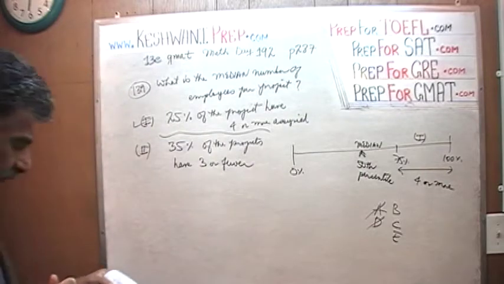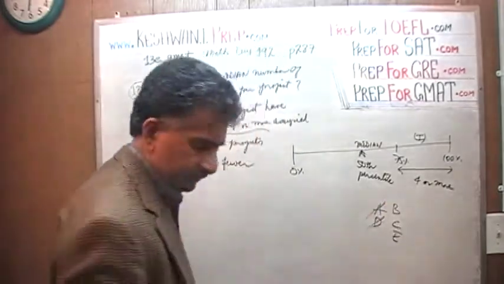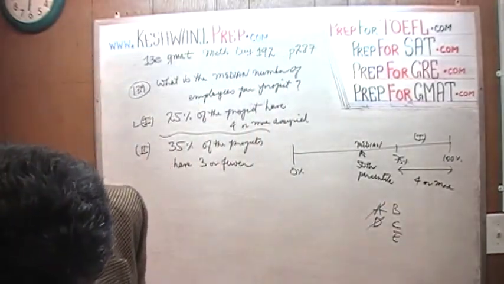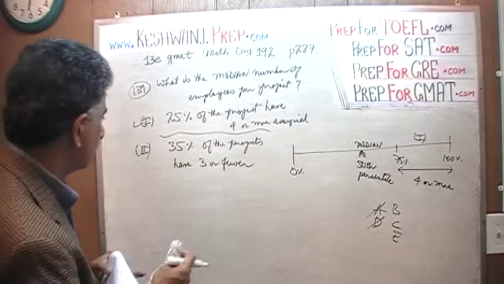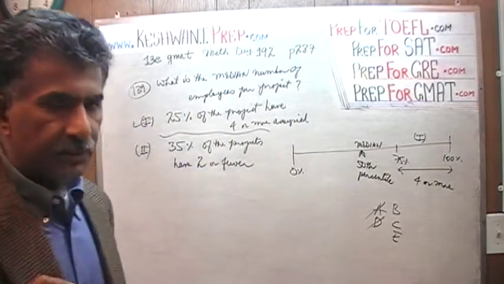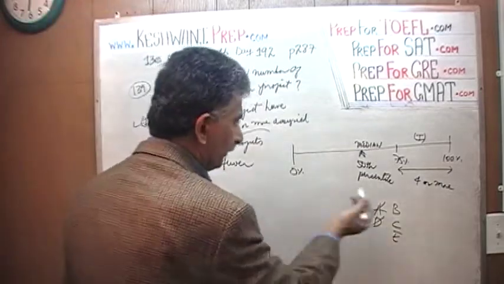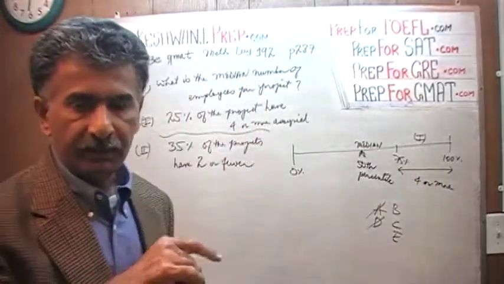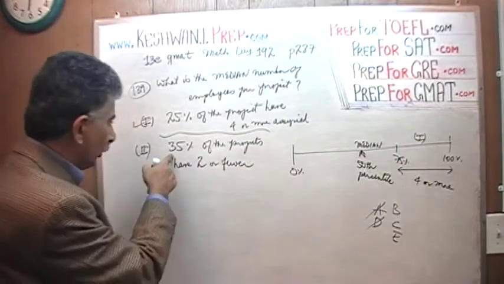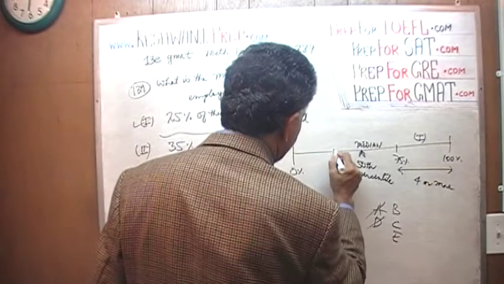3 or fewer, it should say 2 or fewer, shouldn't it? Because if it's 3 or fewer, and this is 4, there's nothing in between. 35% of the projects have 2 or fewer. I wrote something wrong in my notes. Because we know this is the lower end, the 35, let's put down 35 here somewhere.